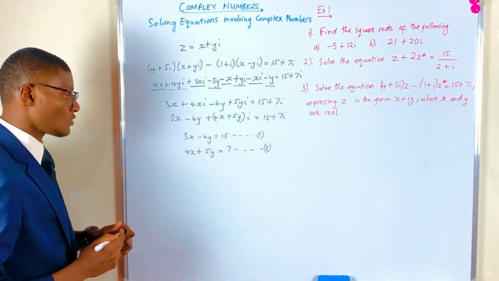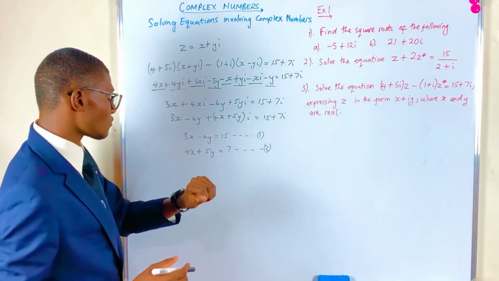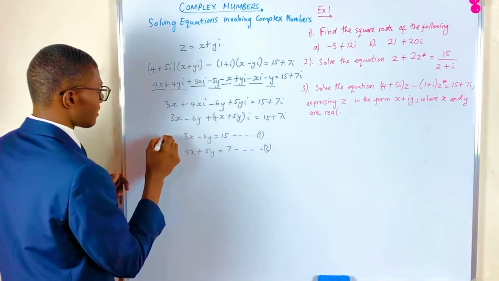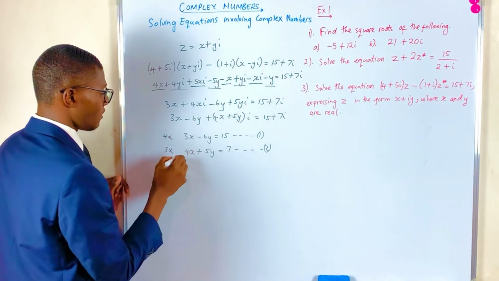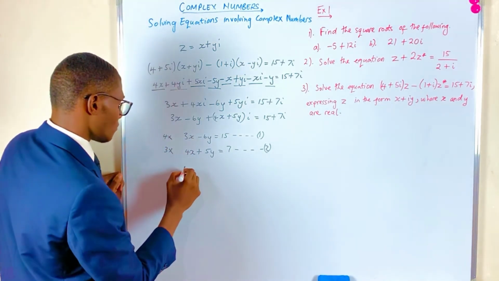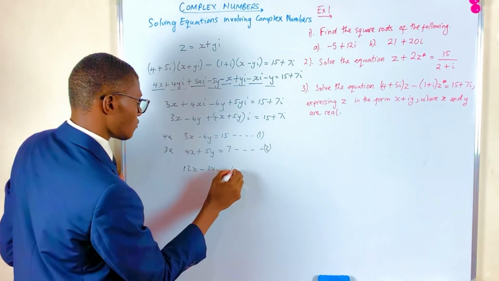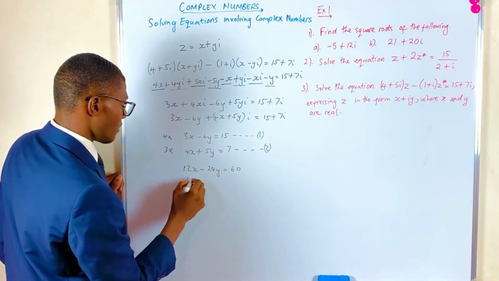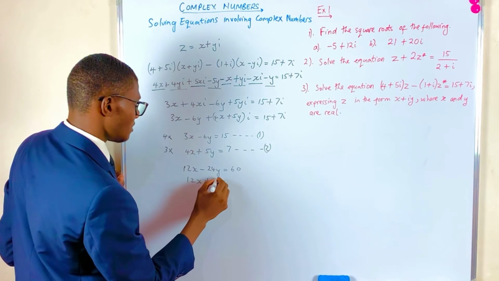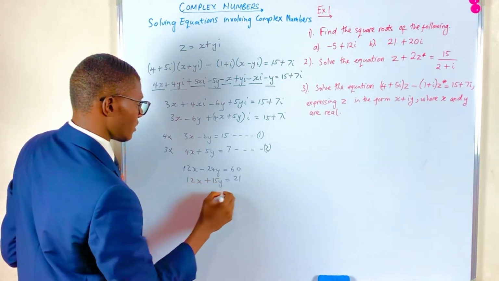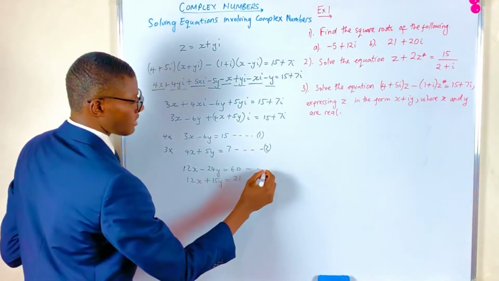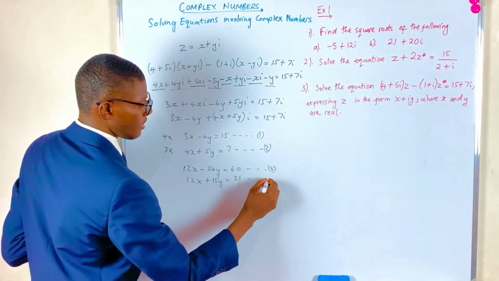So here we're going to solve by elimination: multiply equation 1 by 4, and equation 2 by 3. We get 12x minus 24y is equal to 60, and 12x plus 15y is equal to 21. This is equation 3, and that's equation 4.